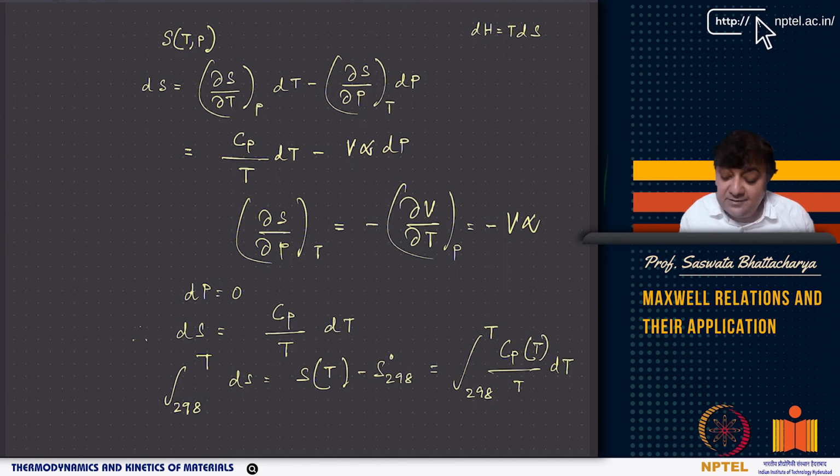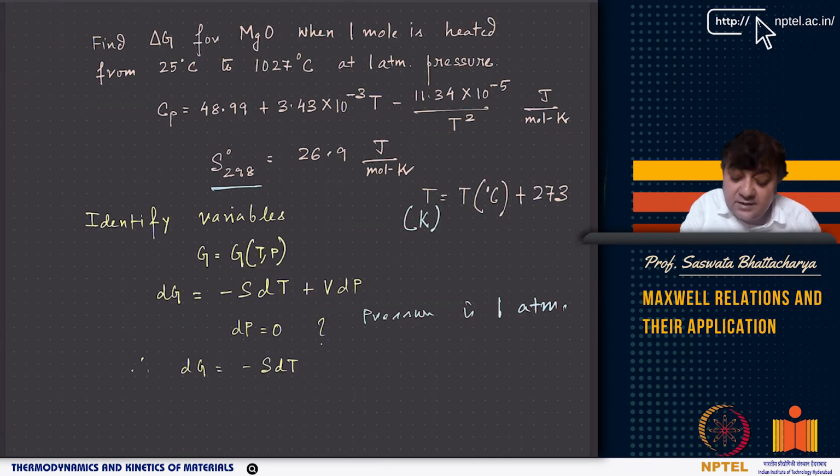So now if dP equal to 0, dS equals Cp by T dT, because we have constant pressure. Now you are basically finding out the change in entropy from 298 Kelvin to the temperature of interest.